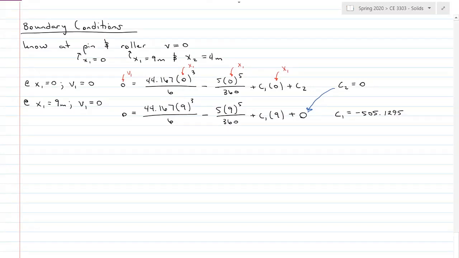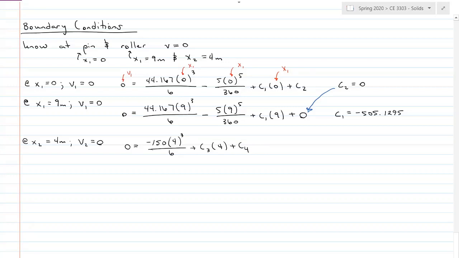Okay, last one is at X2 is equal to 4 meters. V2 is equal to 0. So that's going to be 0 is equal to negative 150 times 4 cubed divided by 6 plus C3 times 4 plus C4.